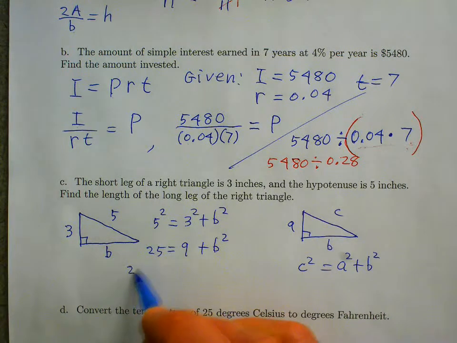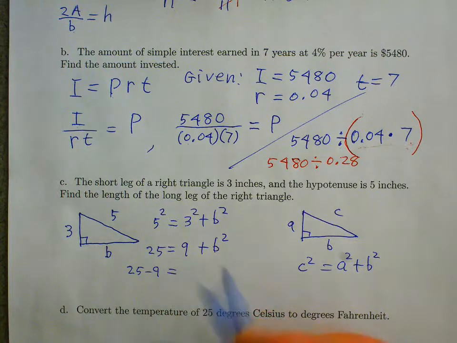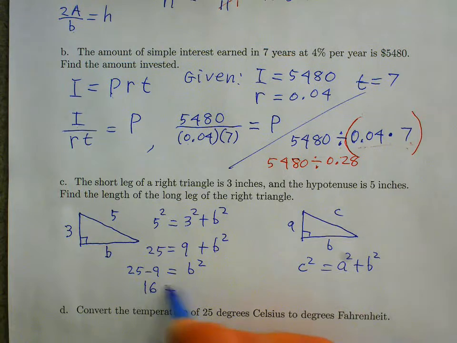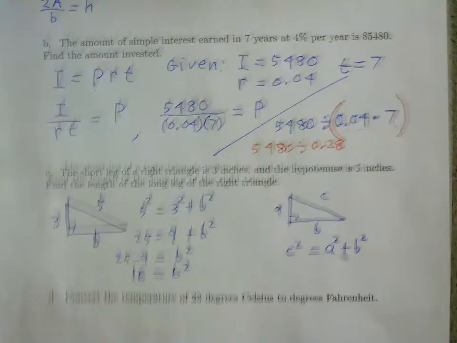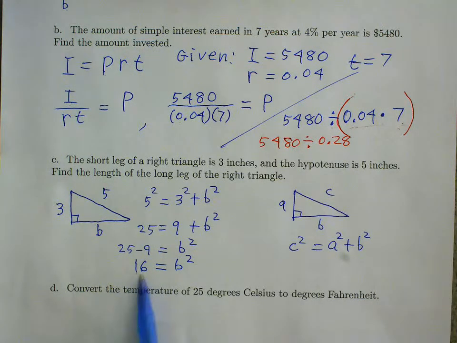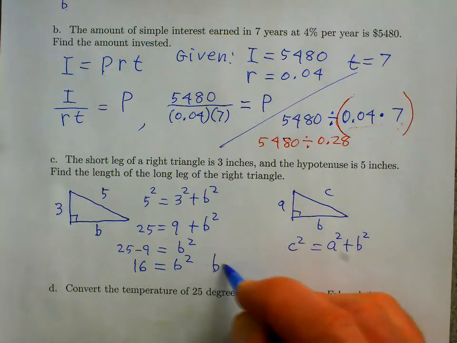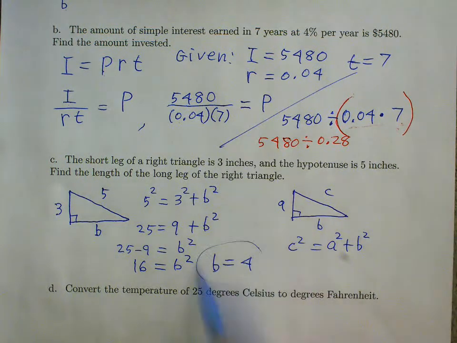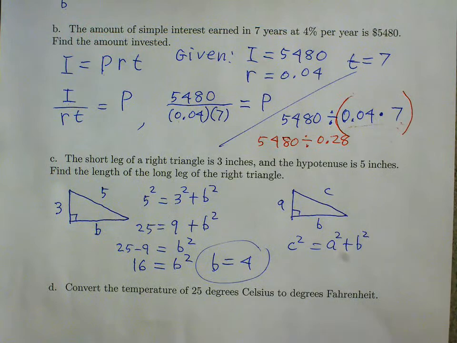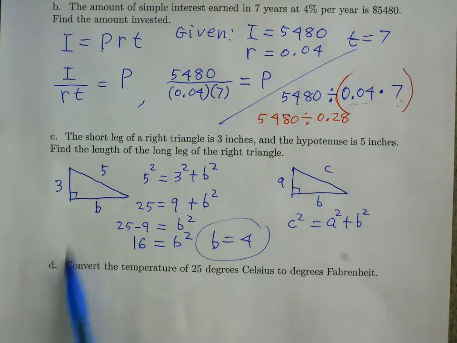Then subtract 9 from both sides. 25 minus 9 is 16. 16 equals b squared. Can you think of a number whose square is 16? Yeah, 4. We want the positive square root since we measure lengths of sides of triangles with positive numbers. So b equals 4.